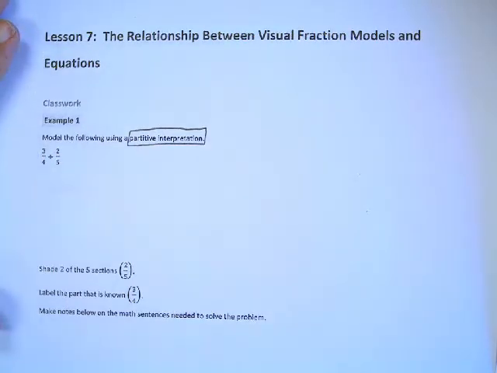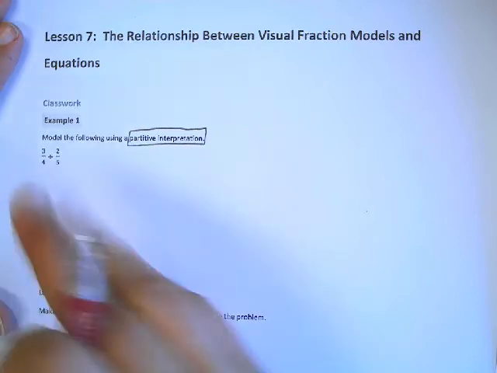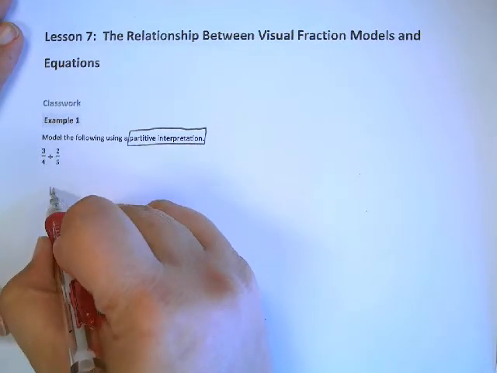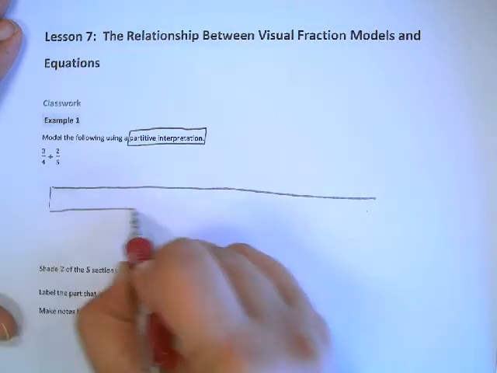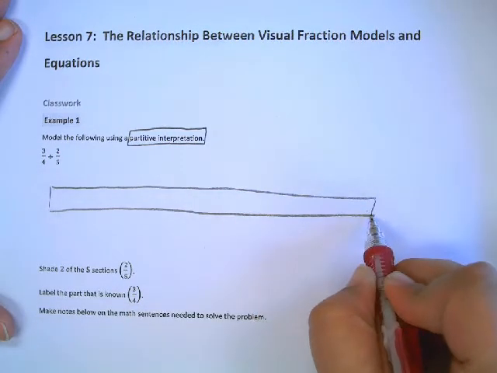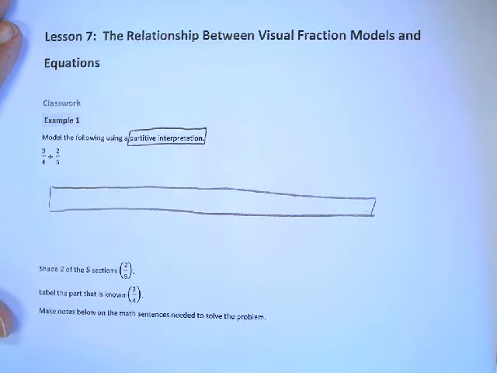So this time what we're going to do is start off by modeling this problem. So the first thing I'm going to do is, if you remember when we talked about partitive, we talked about the statement that this makes.